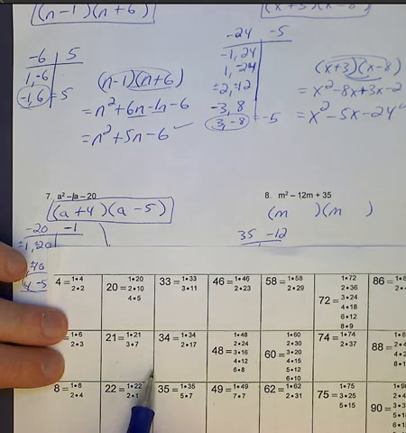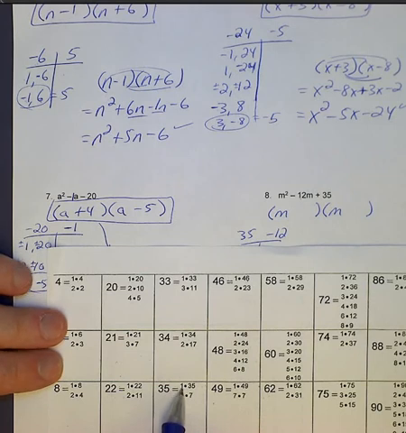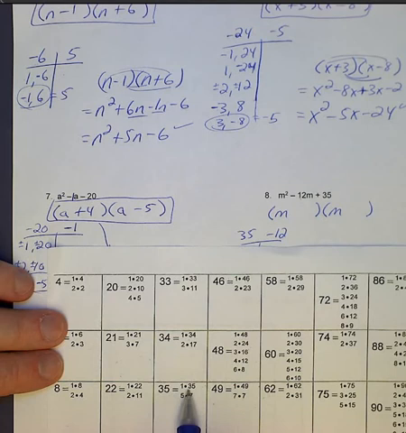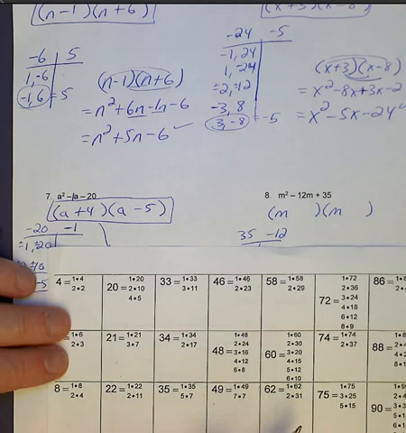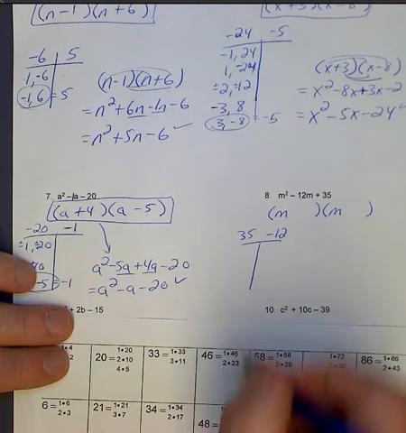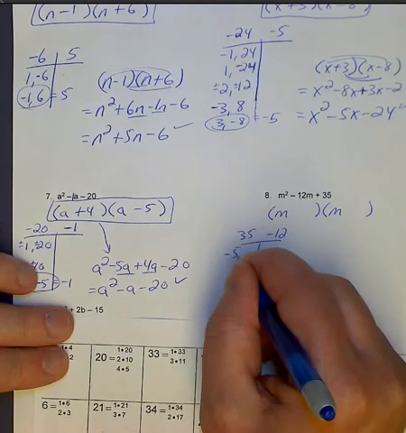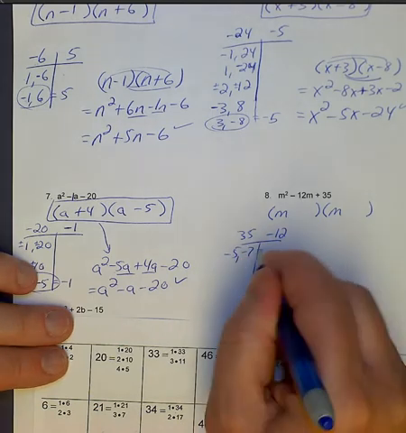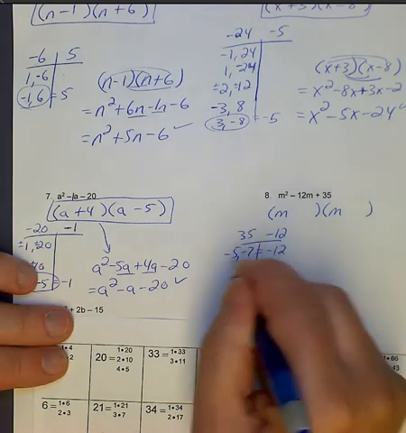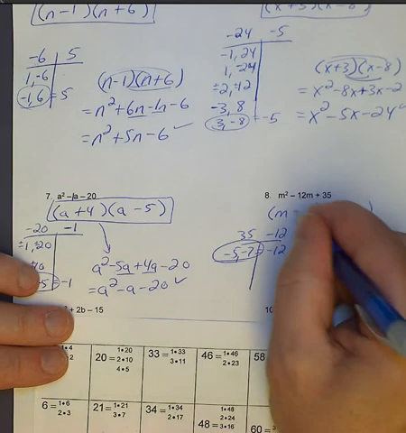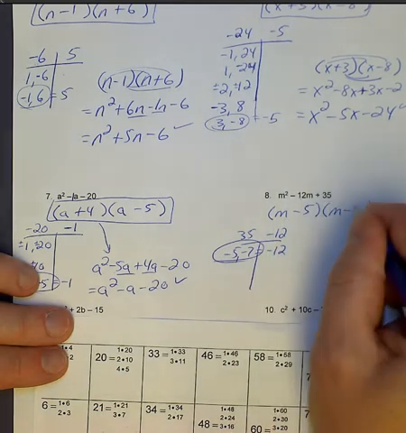Only a couple, so 1 and 35, if I add them together, I don't get negative 12. 5 and 7, if I add 5 and 7 together, I get 12, not negative. But I know if I multiply negative 5 times negative 7, I add those together, I get negative 12. So that's my answer. I put minus 5, minus 7.